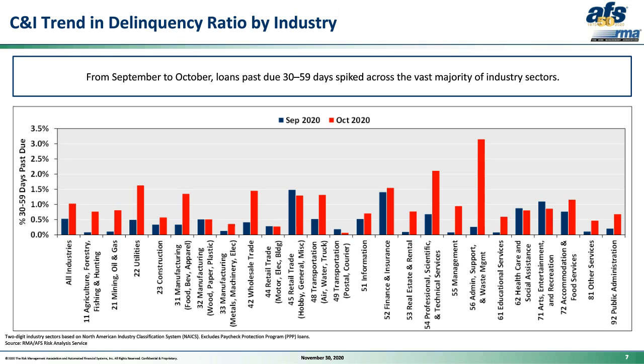So these 6, along with 45 retail, 48 transportation, 52 finance, and 72 accommodation, are all above the market average.